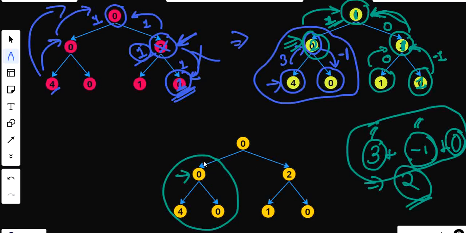So in this manner, we are going to calculate every node's value, whether it's a leaf node or a parent node. We are going to check firstly the child nodes, then we get the left and the right node demands, whether they are giving extra coins or asking for coins, and then we sum it up with the existing value, so we will get the exact value of that node.